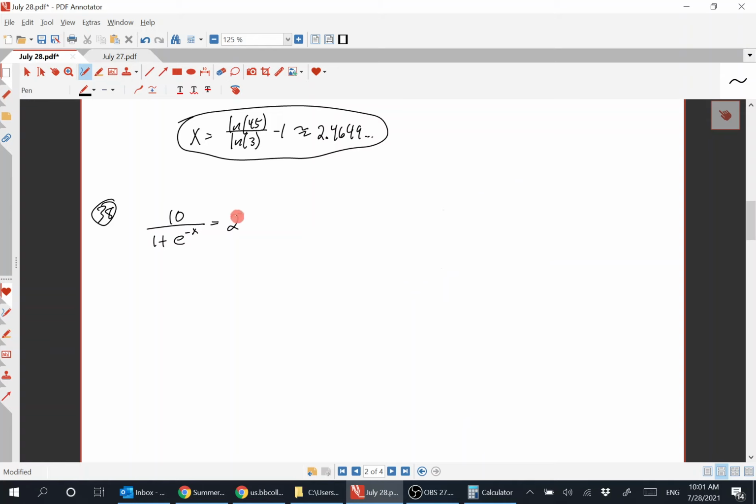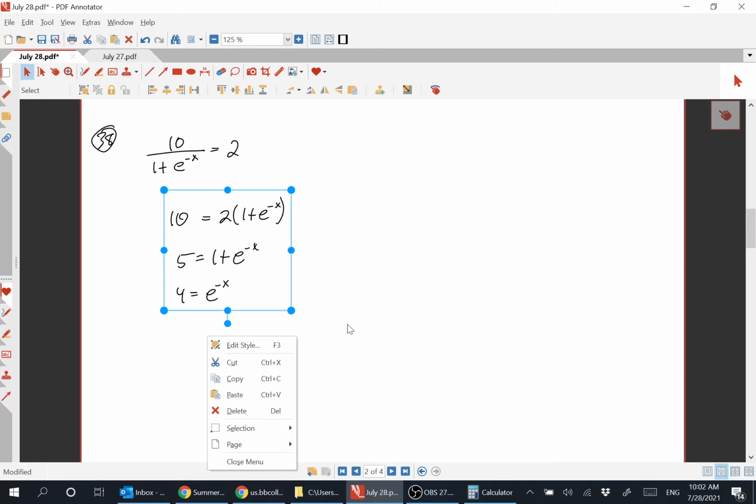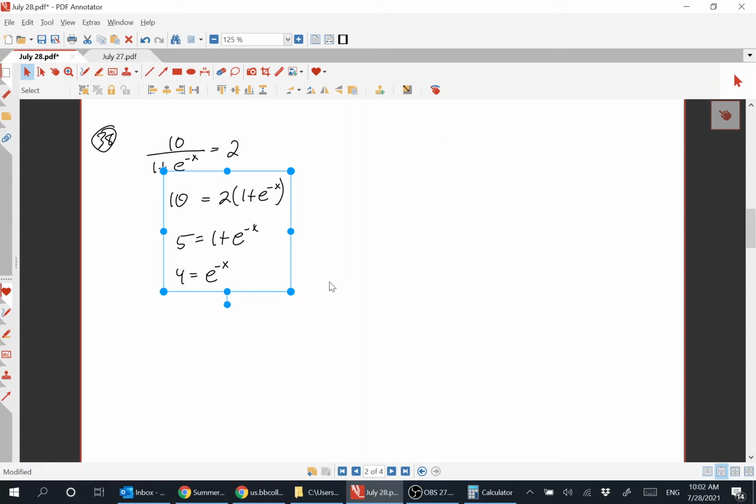Or multiply by a common denominator, like we were talking about yesterday for more complicated functions with rational expressions. But here you just have 10 is equal to 2 times 1 plus e to the minus x. Divide by 2. Subtract 1. Right, so we have first solved for the exponential expression e to the minus x.